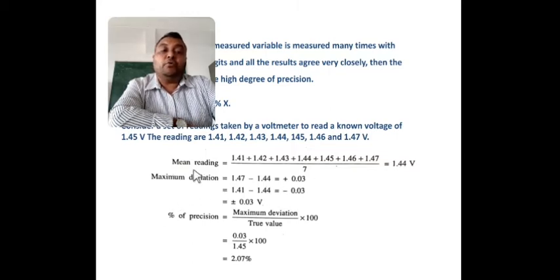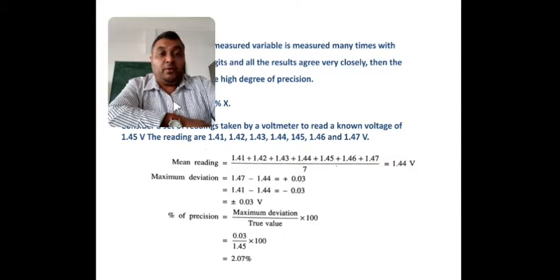Then you have to apply the maximum deviation. The maximum deviation means we have to take the highest value reading we got, that is 1.47, and subtract the value of the mean reading, and you will get this 0.03 value.